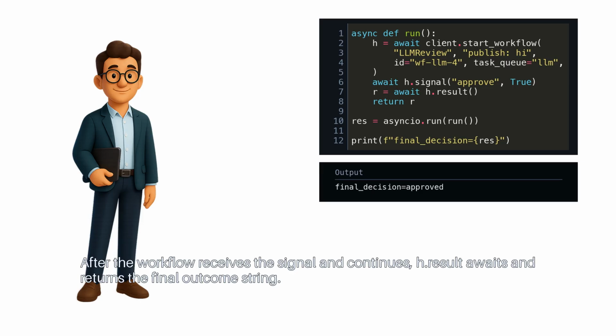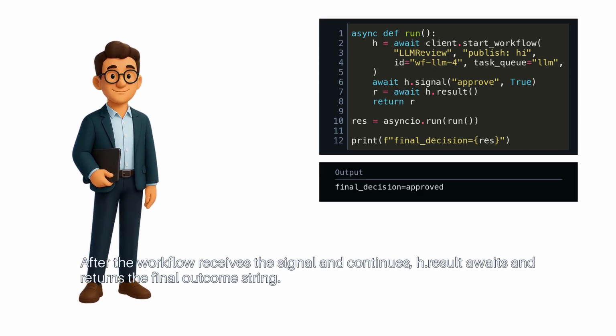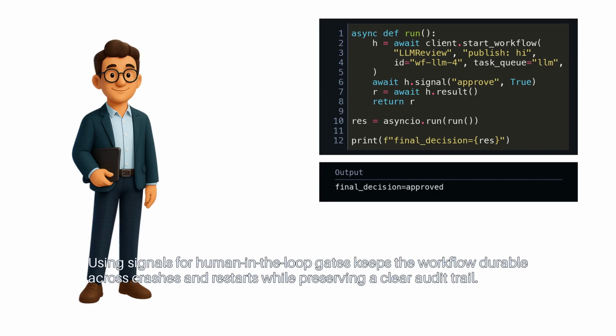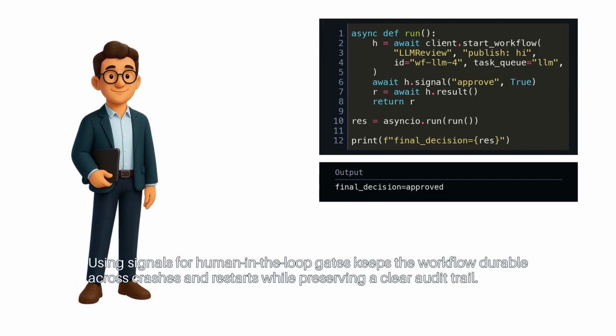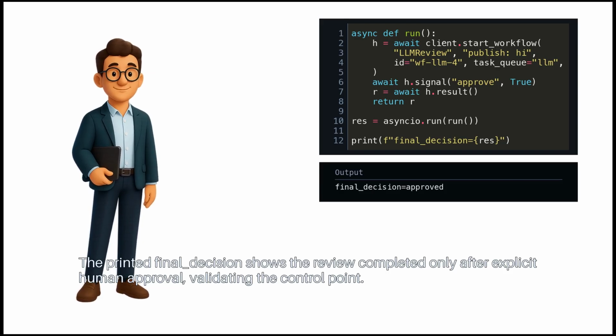After the workflow receives the signal and continues, h.result awaits and returns the final outcome string. Using signals for human-in-the-loop gates keeps the workflow durable across crashes and restarts, while preserving a clear audit trail. The printed final decision shows the review completed only after explicit human approval, validating the control point.